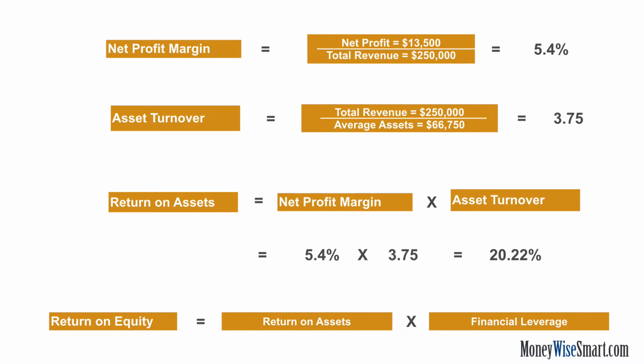So my return on assets actually goes up to 20.22% as compared to 9.5% in the first scenario. So in this scenario also, we are not leveraging, so our return on equity is similar to the return on assets, which is above 20%.